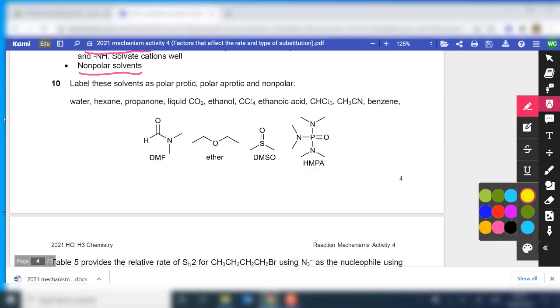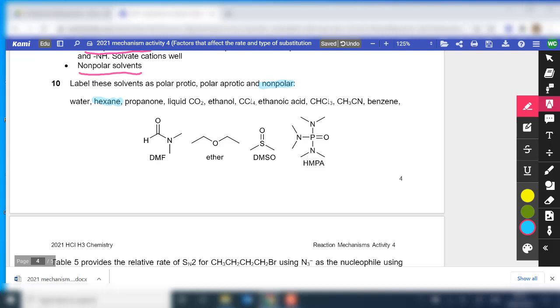So before that, maybe I choose a highlighter, maybe in blue. I'm going to highlight the clear ones, which are the non-polar solvents. Non-polar solvents, I think, are pretty clear cut: compounds largely consisting of non-polar bonds. So in this case, hexane is likely to be one because all the C-H bonds are non-polar in that sense.